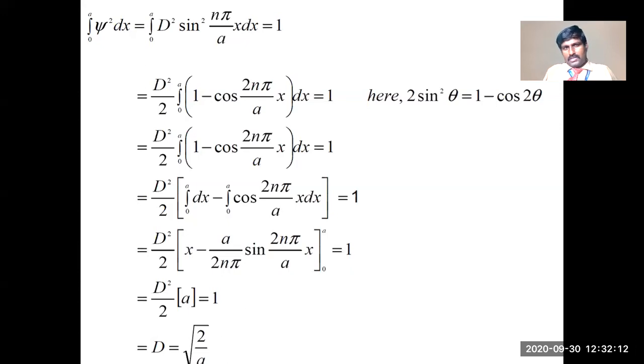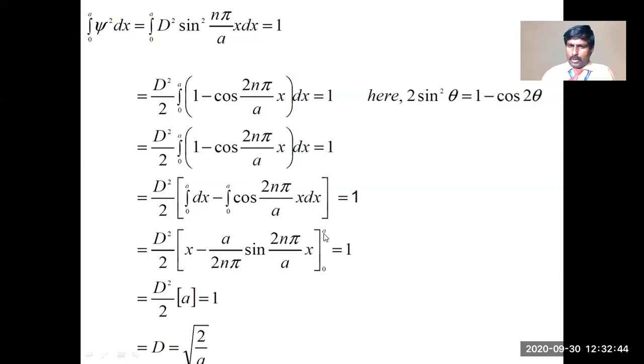That is the normalization that we are applying for our wave function equation, and we are integrating the equation with lower limit of 0 and upper limit of a. If you apply these limits individually, then you get this equation.